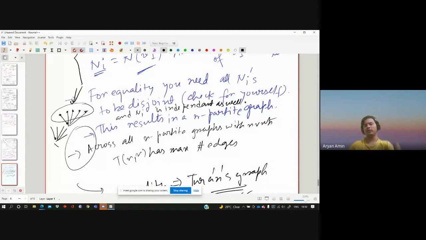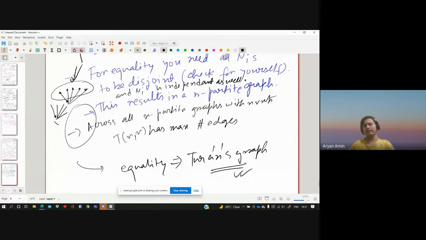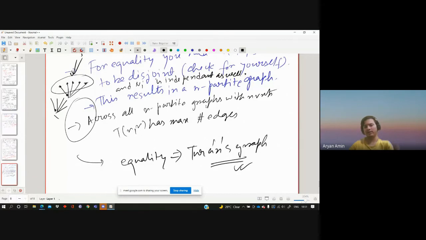So you can see they'll form an r-partite graph. You can just add the vertices of Kr to every partition, and it works out in the end. Finally, you know that for all r-partite graphs having n vertices, T(n, r) must have the maximum number of edges. So due to edge maximality, the Turan graph is the equality case.